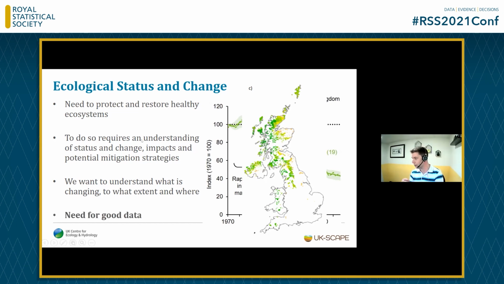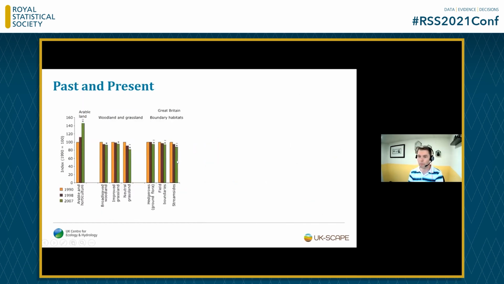Underpinning all of this, though, is the need for good data, essentially. And for trends in particular, there's a need for good, consistent data. With vegetation, this is something that we've not really had with plant species data over a long period of time.